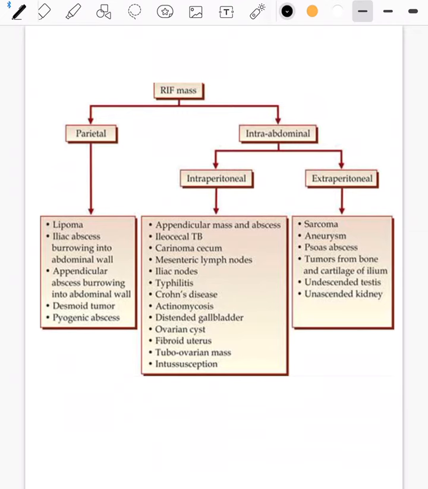When you start examining the patient, how do you differentiate whether the mass is parietal or intra-abdominal?